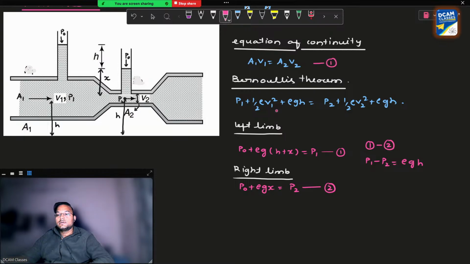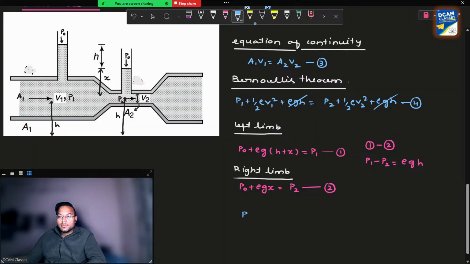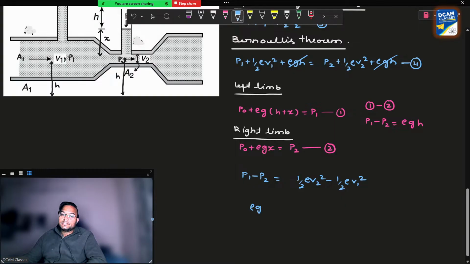I have written first and second equation there, so let's write it as 3 and let's write it as 4. Rho gh will cancel here. P1 minus P2 is equal to half rho V2 square minus half rho V1 square. P1 minus P2 is rho gh. Half rho into V2 square minus V1 square.